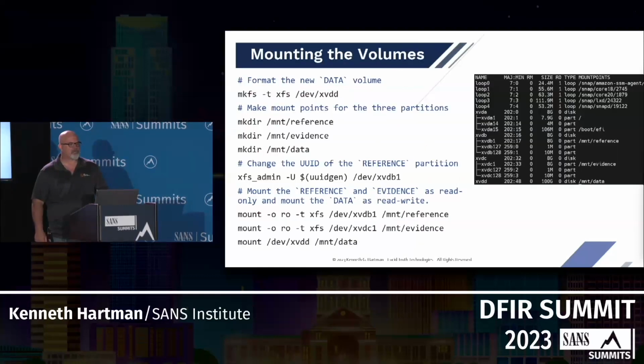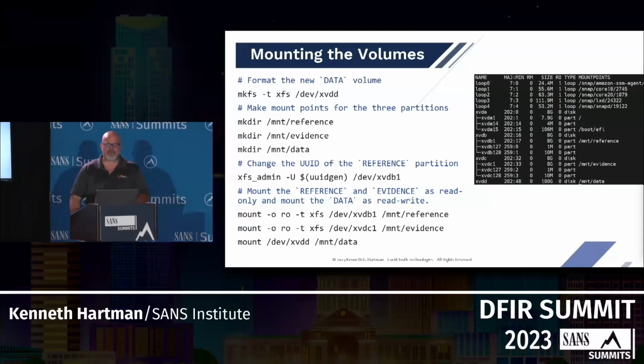But all right, so we've got that data volume. Let's format it, and we're going to format it to be an XFS file system. So that's good. And then we're going to make some mount points.